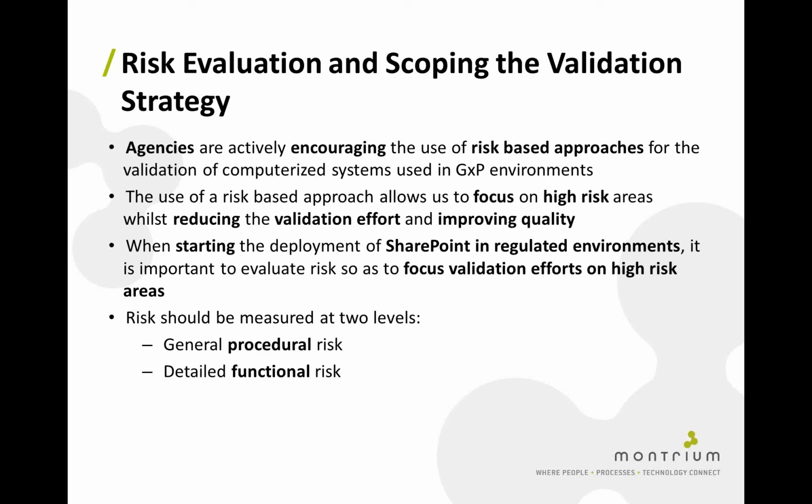We think about general procedural risk. So this is very high level, and this is really the first thing that we would do. So we would think very carefully about the different processes that we want to manage in that system. And then once we've done that, and once we've evaluated which processes we feel have high risk or regulatory risk, we'll then do a more detailed functional risk, which is typically done on user requirements.